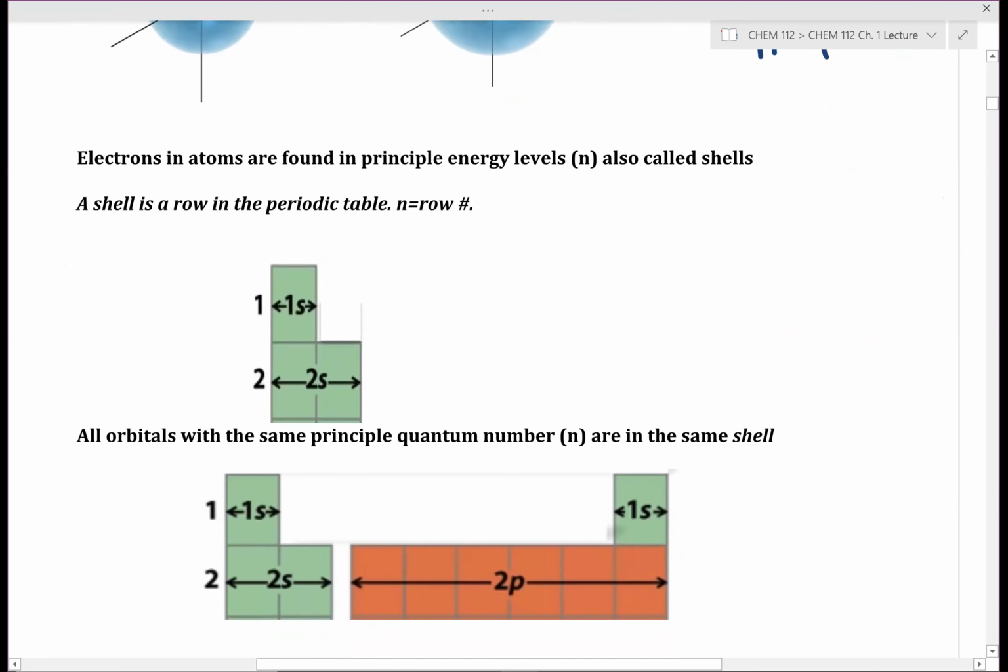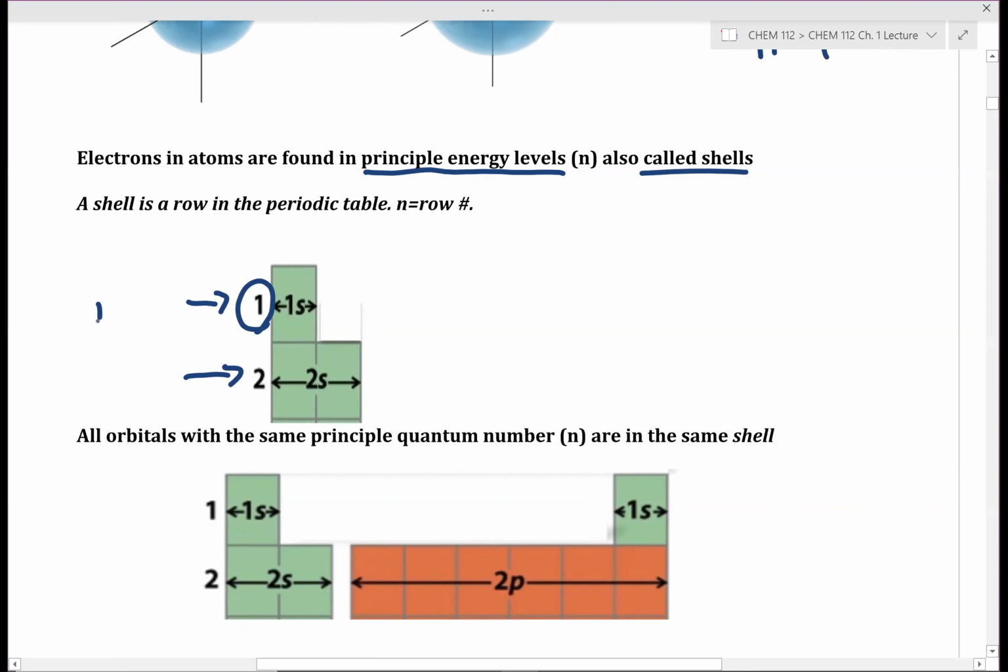So, electrons in atoms are found in principal energy levels, also called shells. We see shells in our periodic table by the row number. You may notice in the periodic table that there are numbers next to each row. This row number represents n. So if we have this row number of 1, what is our n value for that shell? 1.